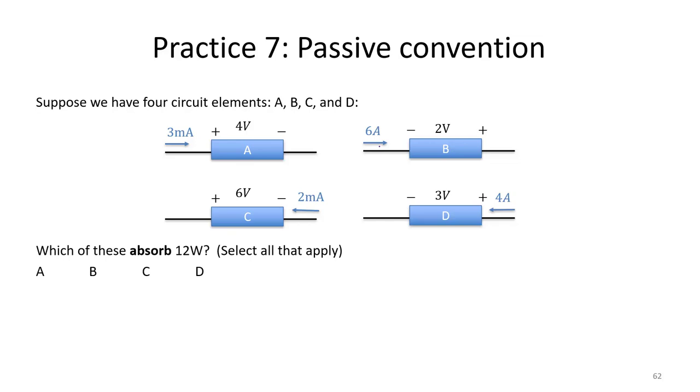So in this case, we can see that choice A and choice D have positive power and current is entering the positive terminal. So in both elements A and D, the passive convention is satisfied and we are absorbing power. Notice elements B and C are supplying power.